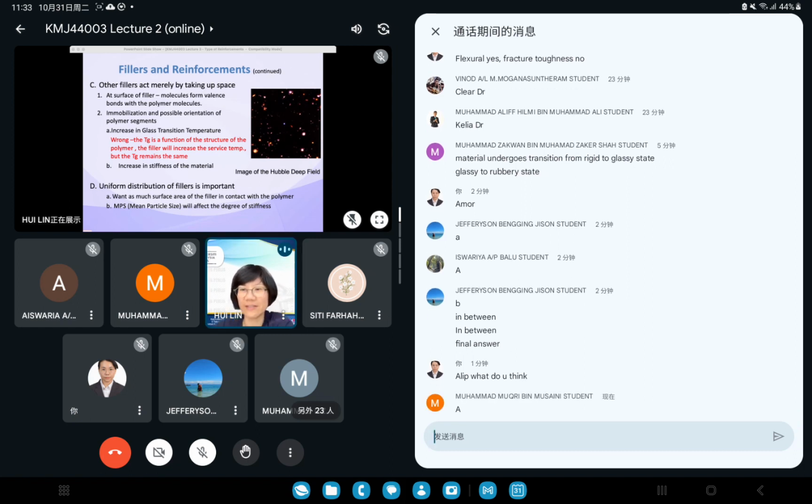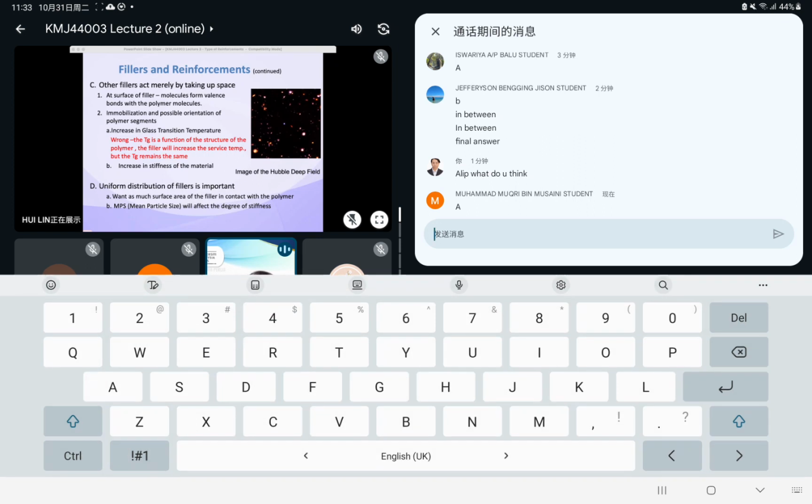Okay, Mukri say A. Very good. So now the conclusion is Tg happens in the amorphous region. So melting and crystallization temperature happen in the crystalline region of the polymer.